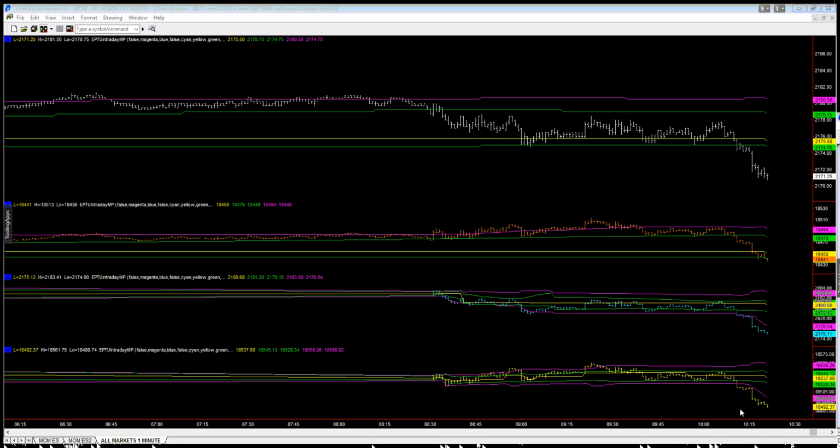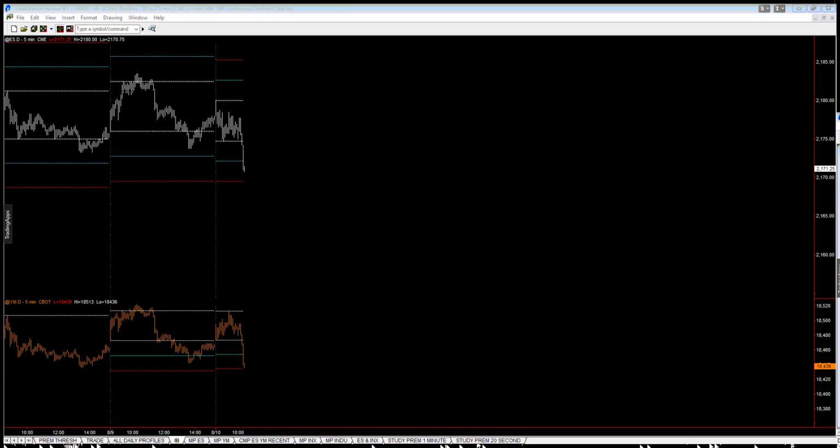Where is this market going, you will ask? When we drop below what we can see for the daily profile, we have to look at a composite. Got to look at the composite profile at this point. Well, before we do that, let's look at initial balance, because that can oftentimes be useful.